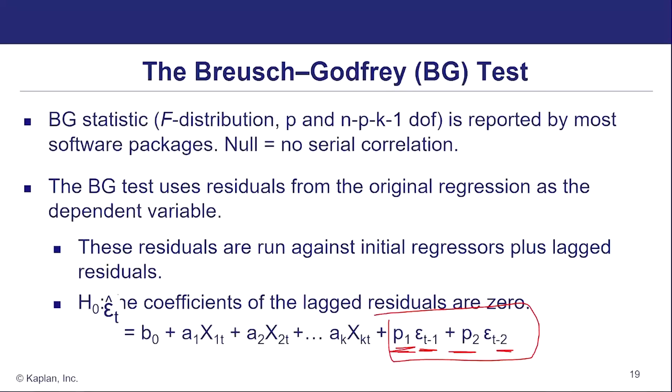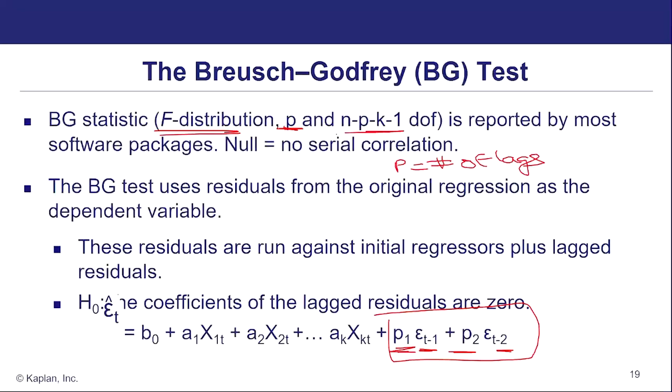So we run an F test with, remember, F test has 2 degrees of freedom, the numerator and denominator. P degrees of freedom in the numerator and n minus p minus k minus 1 degrees of freedom in the denominator. Now P, what is P? P is the number of lags I'm testing. In this example, I have 2 lags that I'm testing.